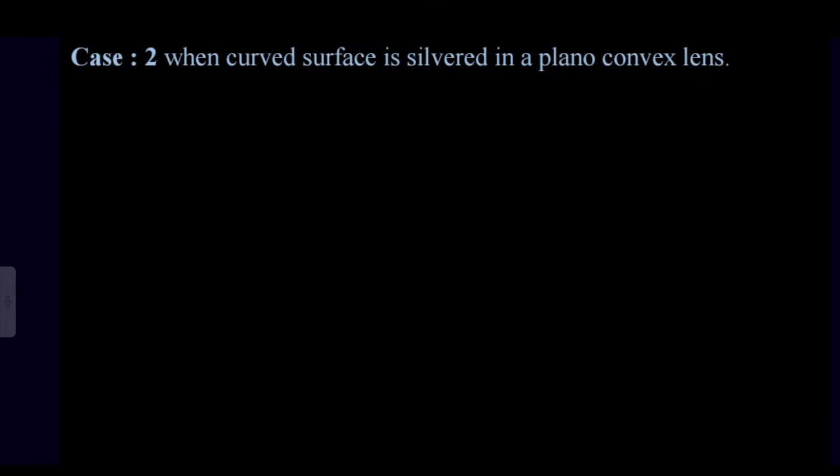Now let's see the next one here. When the curved surface is silvered in a plano convex lens, previously what they did here. So now we need to see in this case the curved surface.